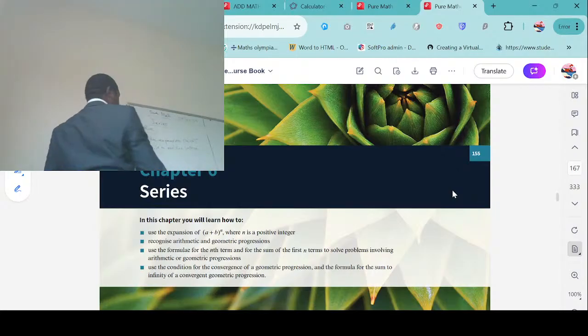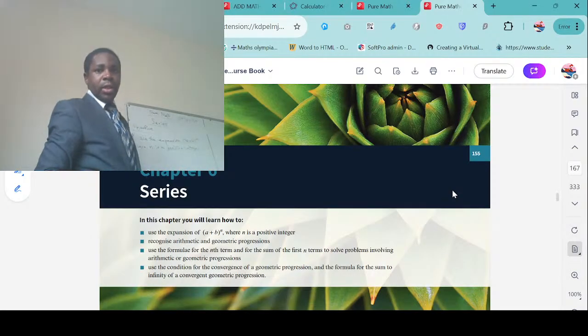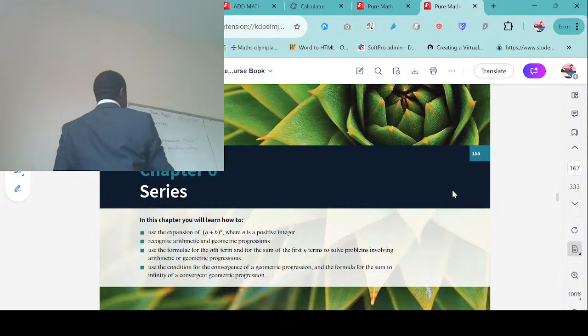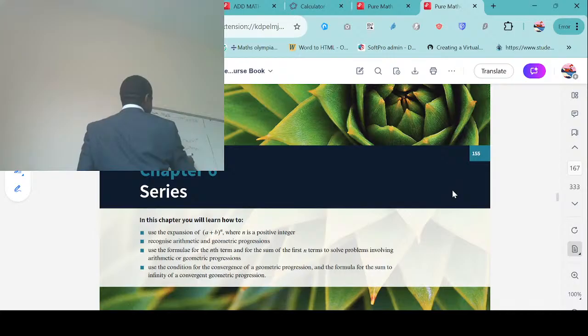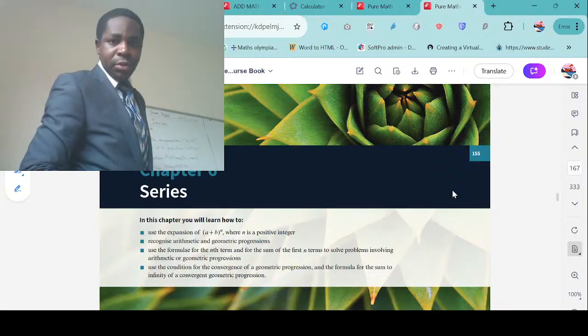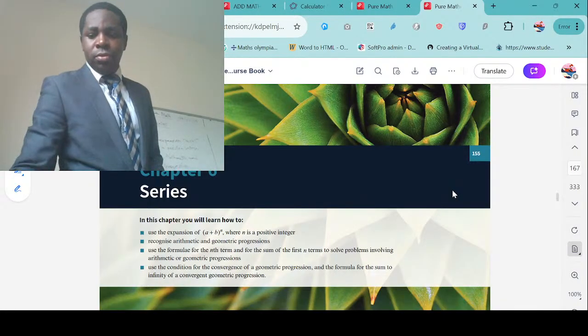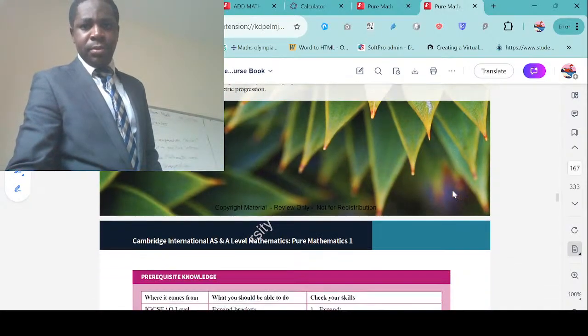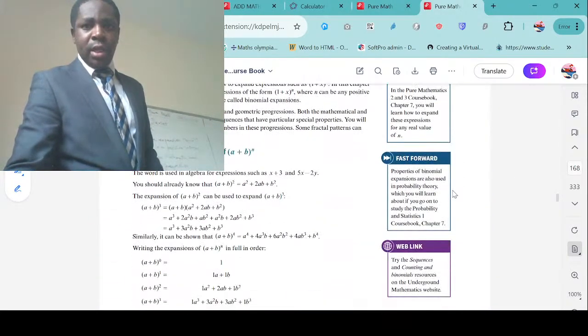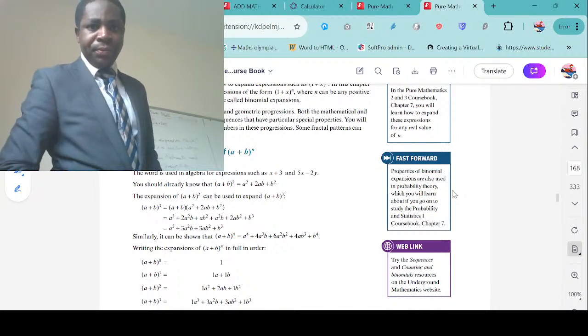Two, recognize arithmetic and geometric progression. And for three, we have the use of the nth term formula and so on and so forth. So let's start with the first two objectives for this lesson. These are what we need to learn at the end of the day.